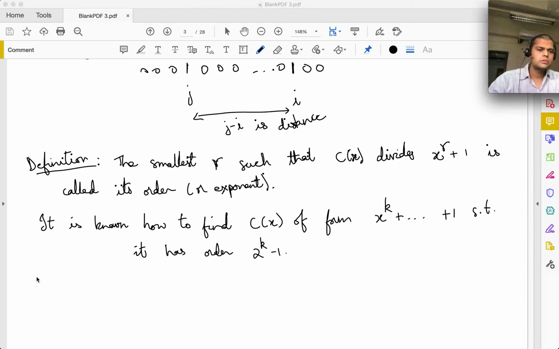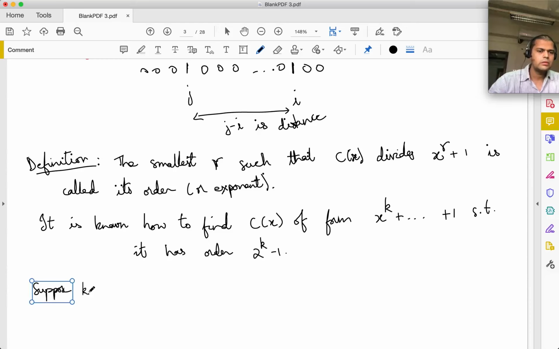So suppose k was 16, and in practice you might use something like 16 or 32. So this means c of x is of this form.